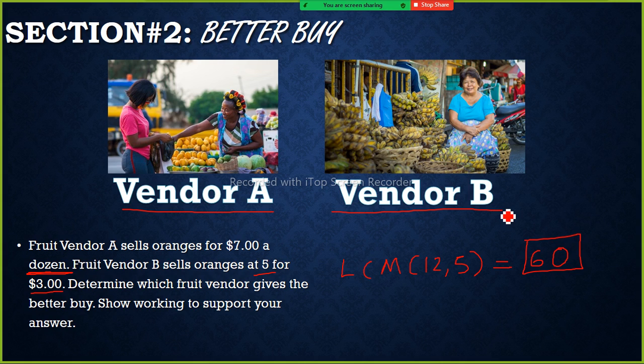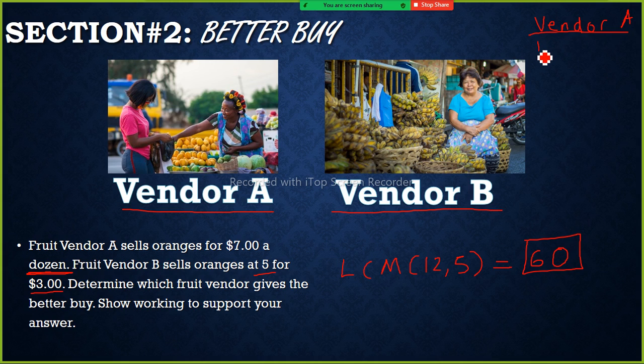That's the only way we can compare them. They have the exact same number. So let's compare them.